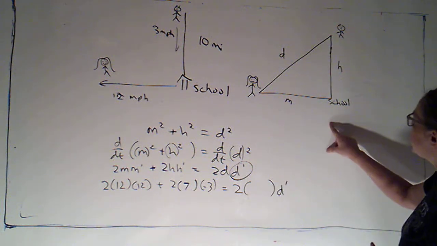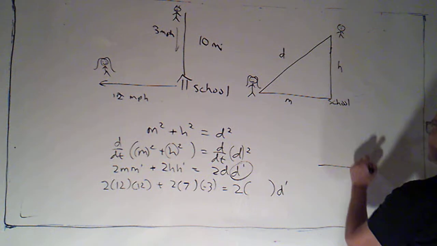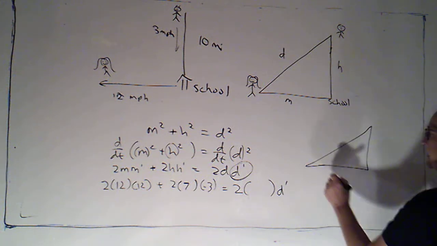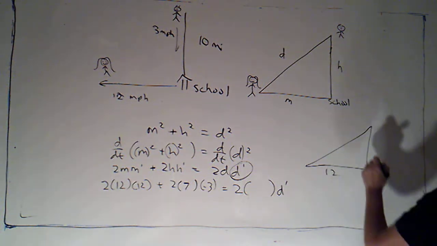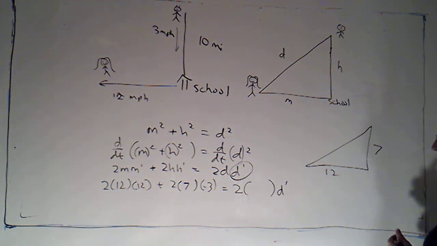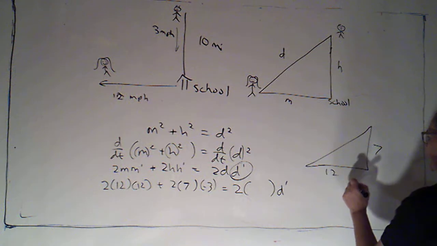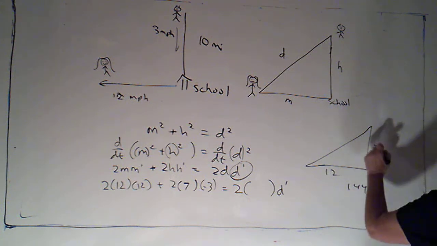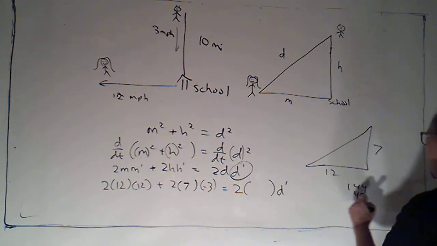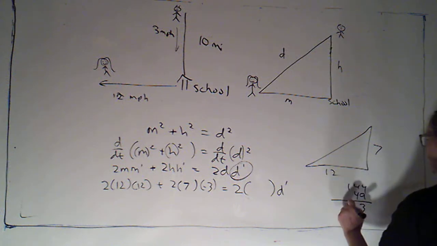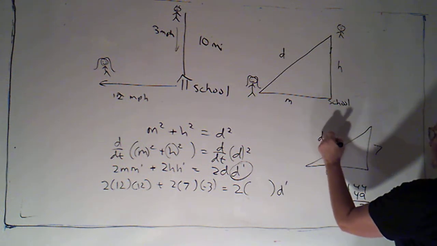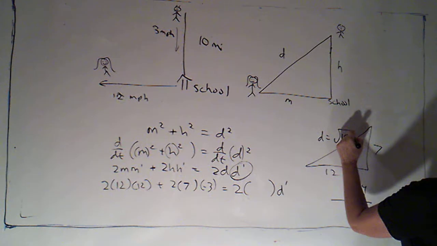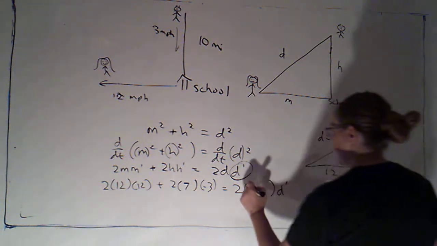Now, to figure out D, I'm going to just use the fact that at this particular moment in time, I've got a triangle where this side is 12, this side is 7, I can then solve for D. So this would be 12 squared is 144, 7 squared is 49. So the distance at that moment in time would be the square root of 193.